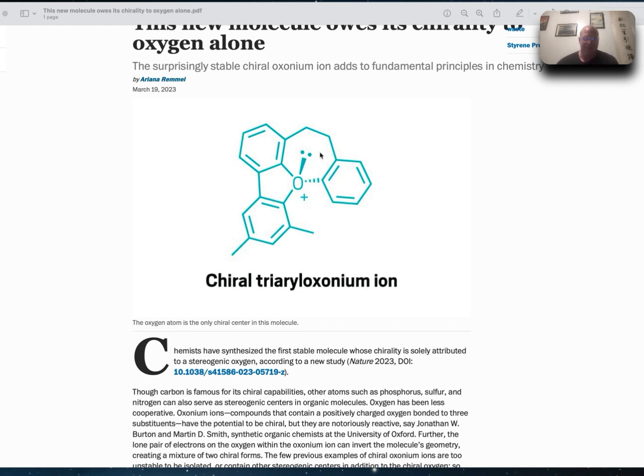If you look at the structure here, there are three aromatic rings. If you see the single double bond, this is a benzene ring. It's an aromatic ring, and because of that, it has the electron cloud. There's a positive charge, but oxygen is still drawing electron density to it. The electrons kind of flow.